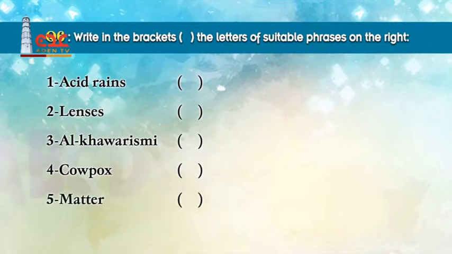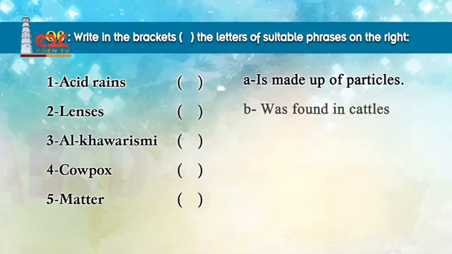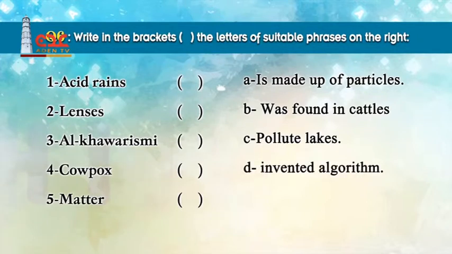Matter. Now choose from A to E. A is made up of particles. B was found in kettles. C. Polluted lakes. D. Invented algorithm. E. Reflect light.